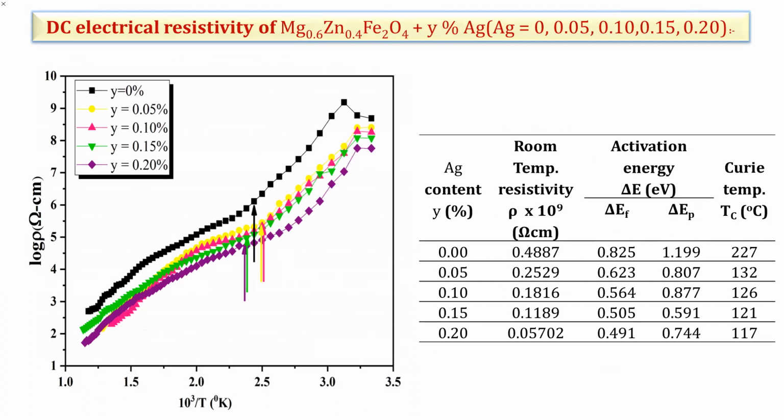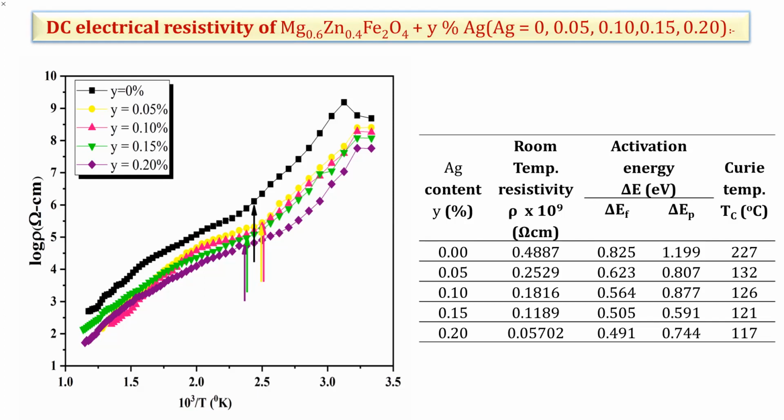There are three main regions for this ferrite. The first region shows the conduction mechanism is due to impurity. The second region is the ferrimagnetic region, and the third region is the paramagnetic region.